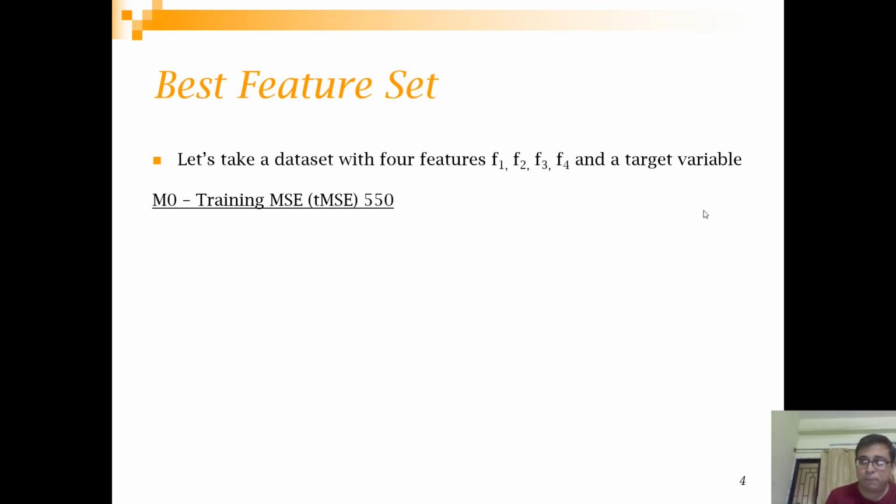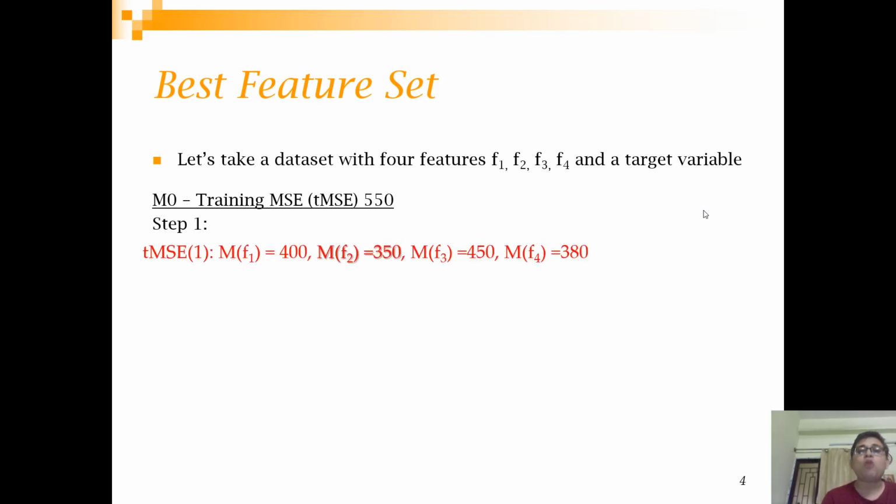In your next step, you build 4 models. How do you get 4? You get 4 by 4 choose 1, 4C1. So you are building all possible models of one feature from a set of 4 features. And you calculate your TMSE, or training MSE. So from here, you see that for F2, you have got the minimum MSE, which is 350.